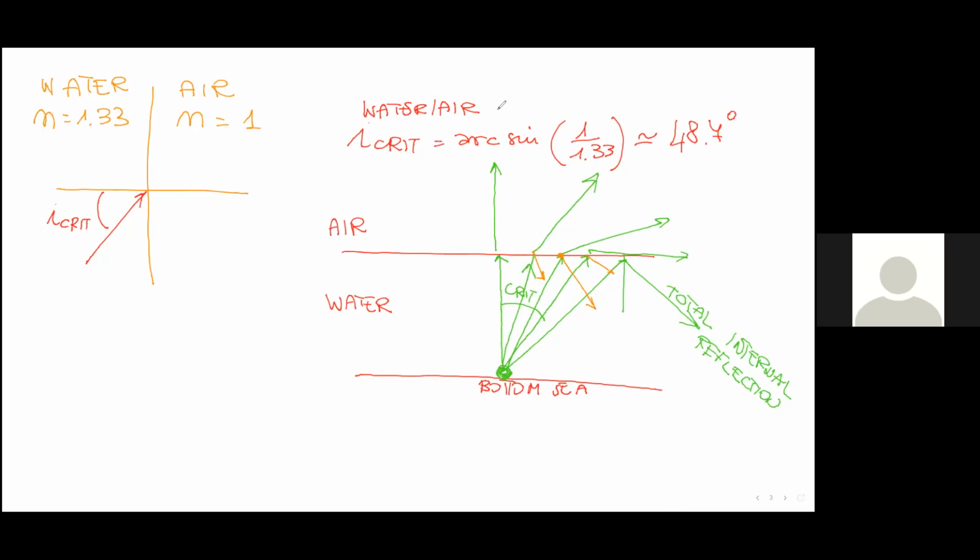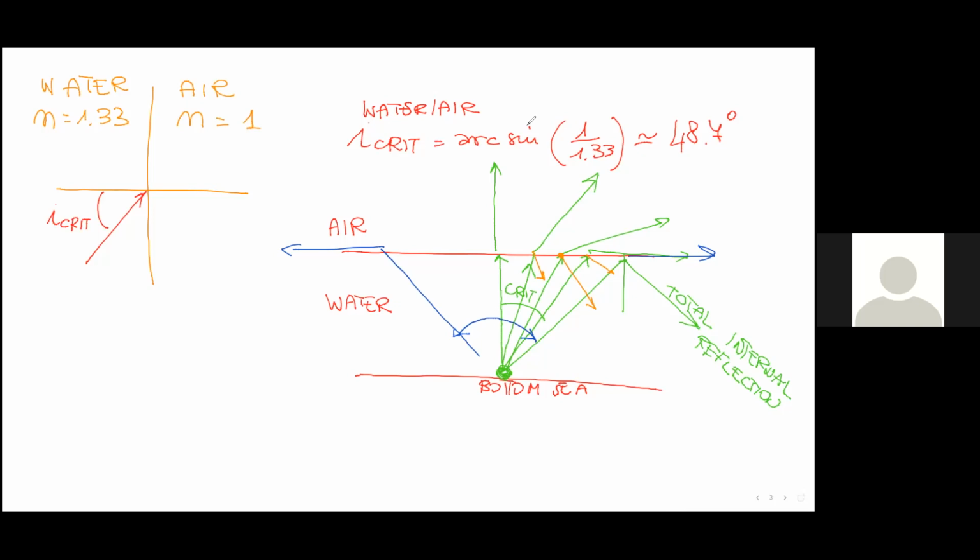So light that is emitted in this cone, a cone that has an angle of the critical angle, will be sent to the outer world. Light that is sent outside this cone will remain inside the medium, trapped inside the medium.